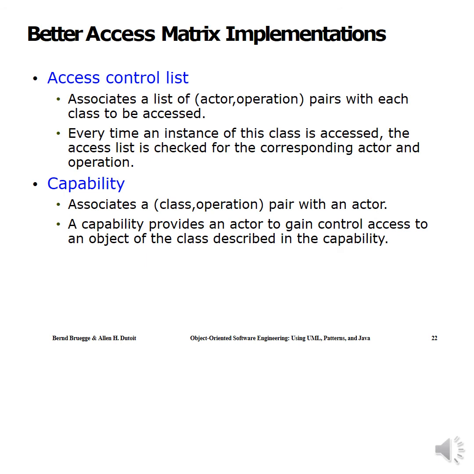So the next access matrix representation is the access control list. It associates a list of actor, operation pairs with each class to be accessed. Every time an instance of this class is accessed, the access list is checked for the corresponding actor and operation.